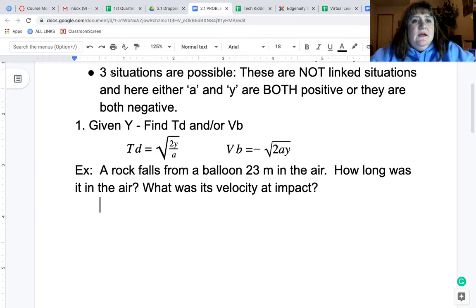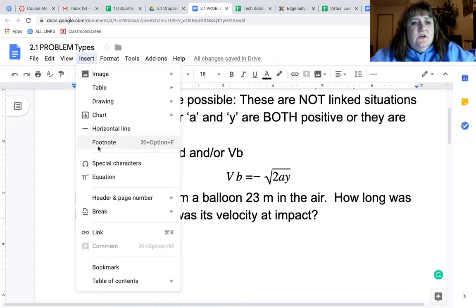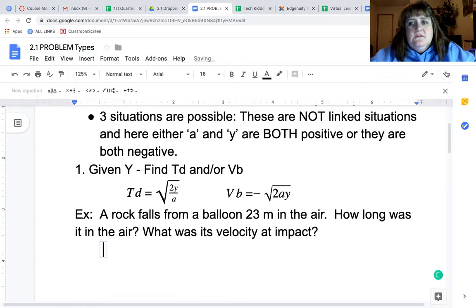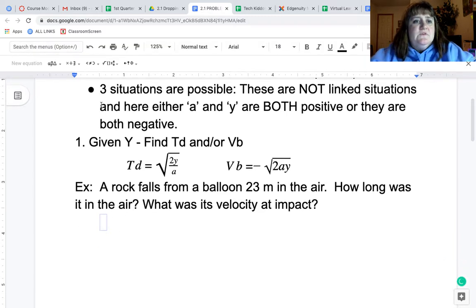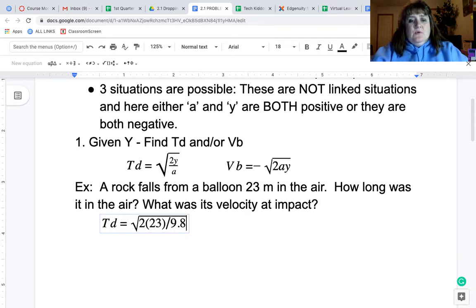So I am going to insert a new equation. Okay, so I have a new equation. Time down is equal to the square root of 2 times 23 divided by 9.8.